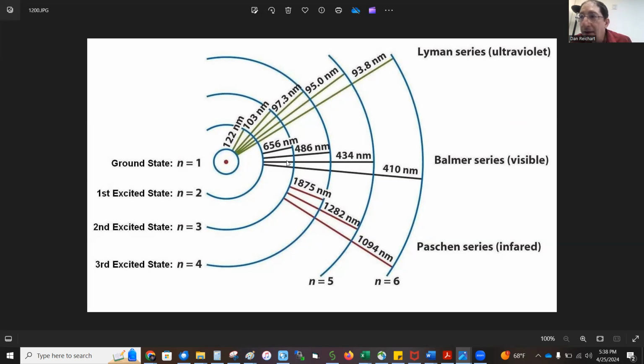And if the hydrogen atom gets excited, absorbs some energy, either by absorbing a photon or something ran into it, transferred some energy, the electron can find itself in one of the higher energy orbitals. But then after a certain amount of time, it will decay back down to a lower orbital, and that energy difference will be released as a photon.